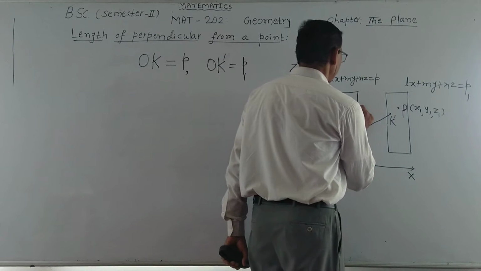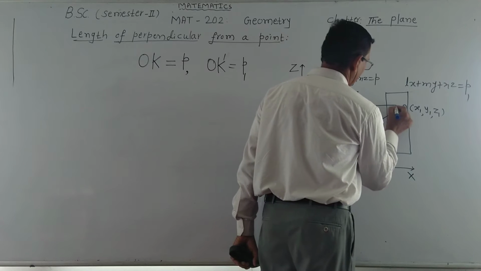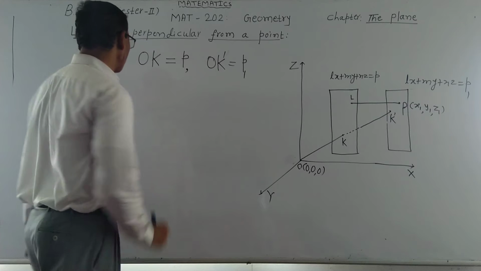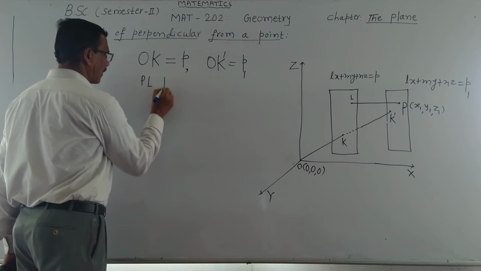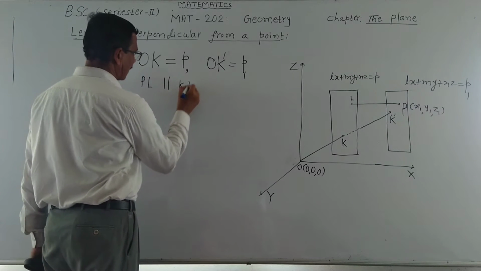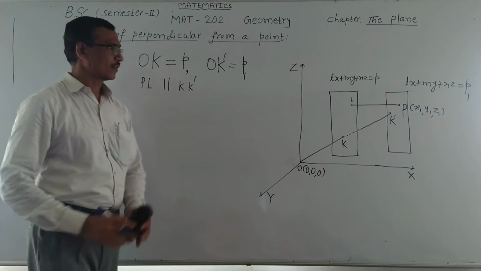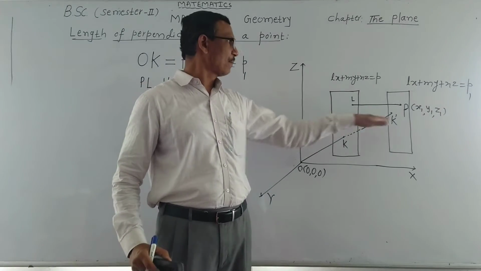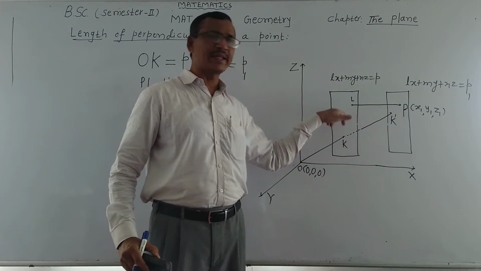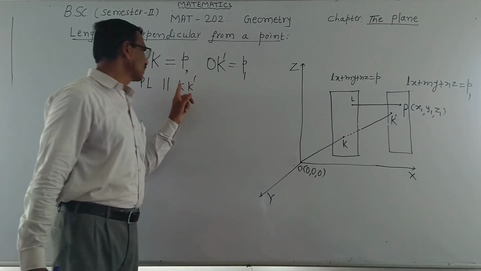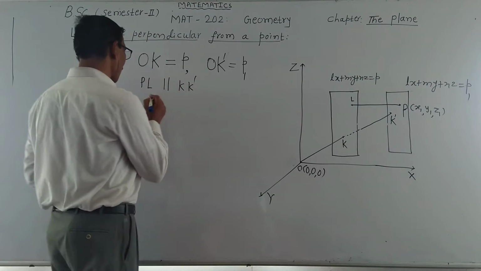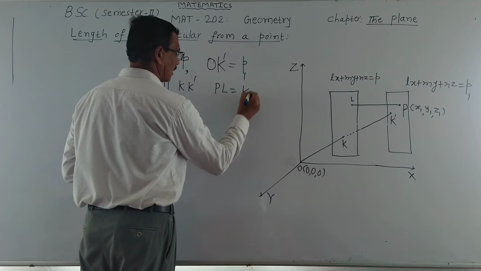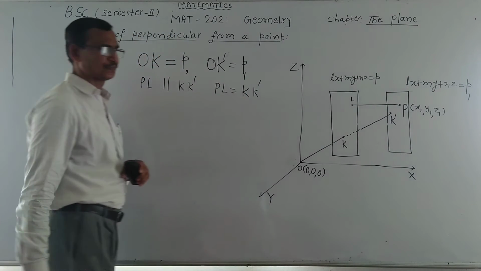Now draw the line PL which is perpendicular to both the planes, and therefore PL is parallel to KK dash. Because OKK dash is a perpendicular line to both the planes and PL is the distance between these two planes, PL is parallel to KK dash and we have PL is equal to KK dash.